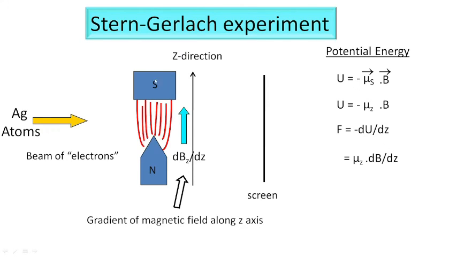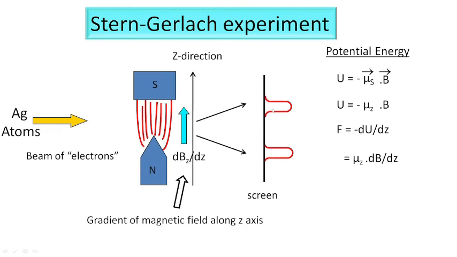Now, if the experiment is carried out when the magnetic field is off, then no deflection occurs as per classical physics. But when the magnetic field is on, we get two different spots of equal intensity, one above the central peak and one at the same distance below the central peak.